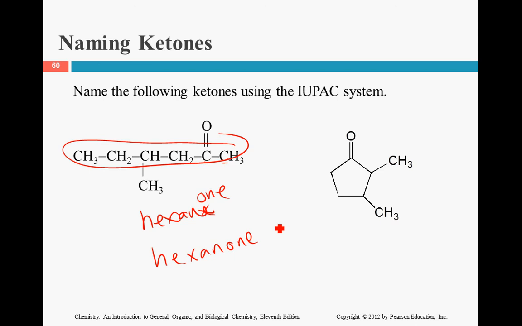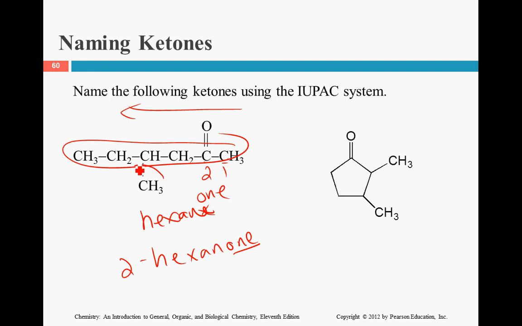For ketones, we do have to say where the carbonyl is, unlike aldehydes. For aldehydes it's a given, that's the beginning. But with ketones, it could be anywhere in the middle, so we have to say where it is. You start counting at the end closest to the oxygen. 1, 2. So on the second carbon, there's a ketone of hexanone.